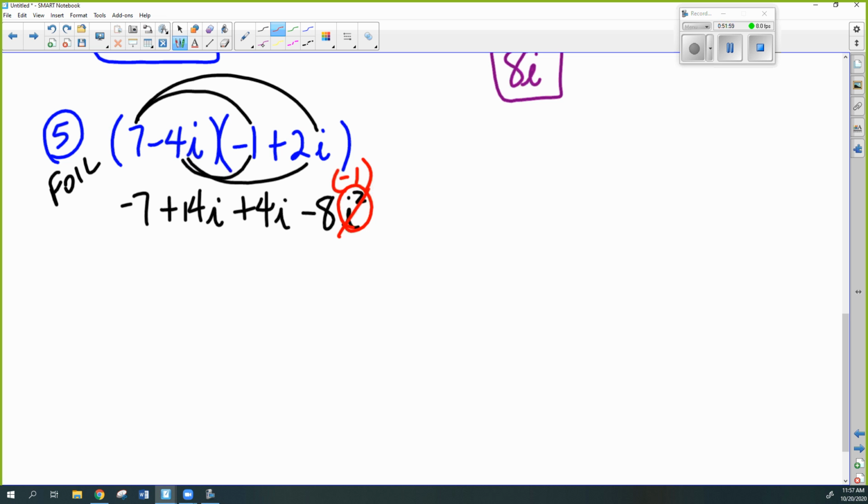So what I tend to do is anytime I see an i squared, I just cross the whole thing out and make it the opposite sign. Okay, so that -8 just becomes a +8. Now when I add like terms, I can put the -7 and the 8 together, and then the i stuff together. And as long as I put the 1 first and the i number second, I should be fine.